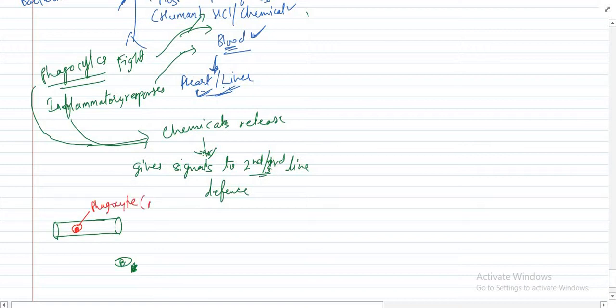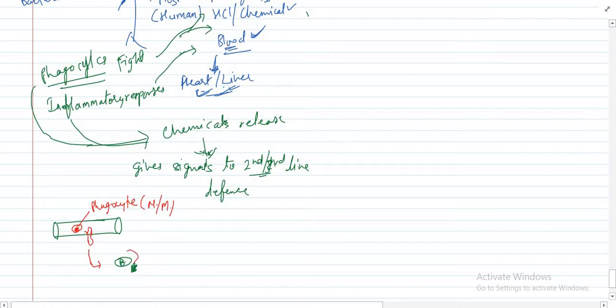It might be a neutrophil, it might be monocytes. All these phagocytes I discussed with you already in a separate video, you can check it out there. So this phagocyte will come out from the blood vessel wall by the diapedesis process, and then go to the site of the tissue where the pathogen is present.